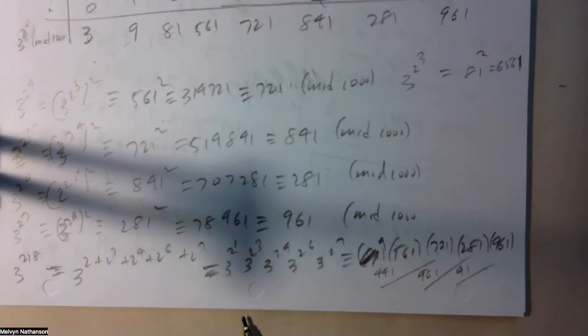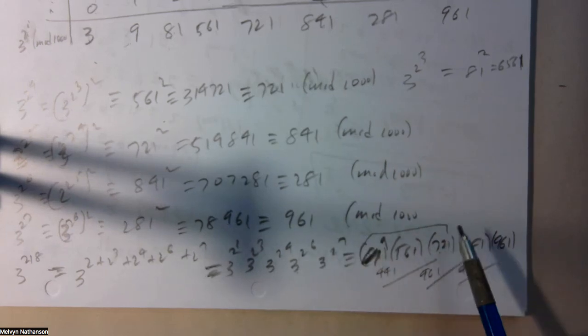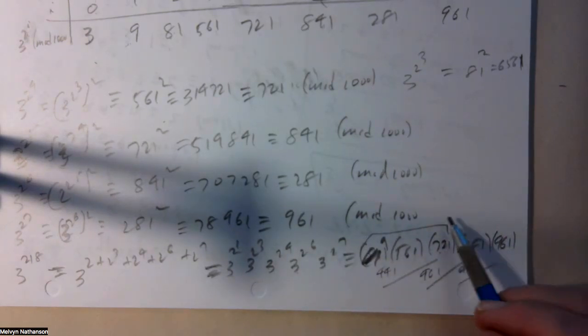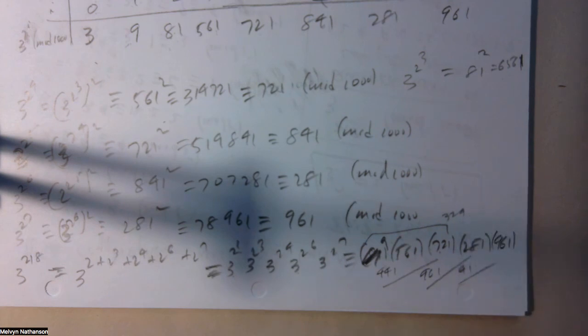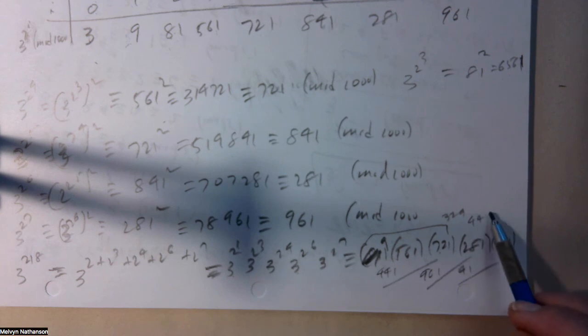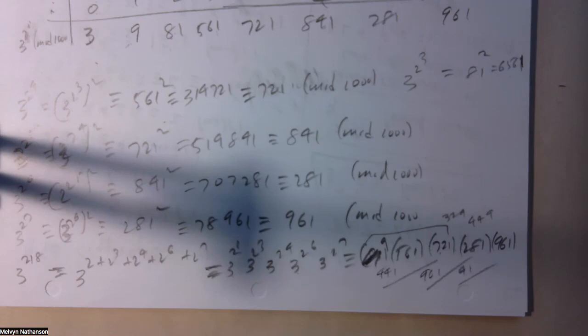So 9 times 561 times 721. That's a number which, when I reduce it modulo 1000, is 329. 329 times 281, when I reduce it mod 1000, is 449. 449 times 961, when I reduce it by 1000, is 489.